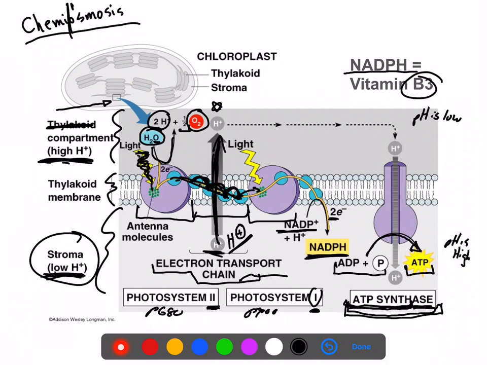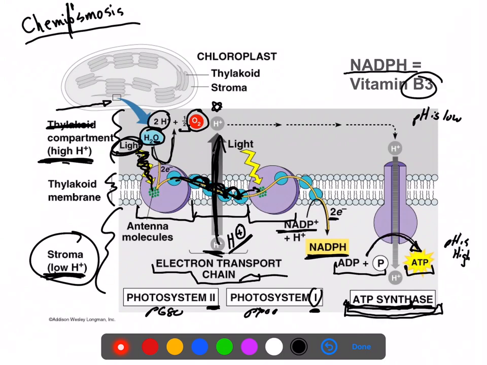So over time, as long as light is coming in, electrons are moving. And as long as electrons are moving, hydrogens are being moved across the membrane from low concentration to high. Which is weird because we learned that that requires energy. Whenever you move things from low concentration to high, we call that active transport. Which is what's happening here.